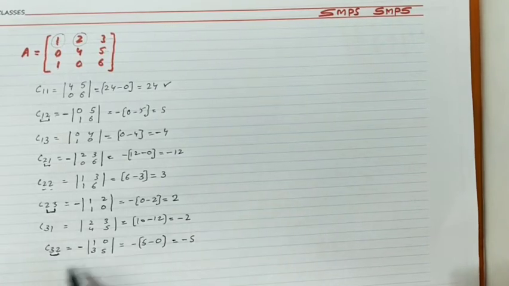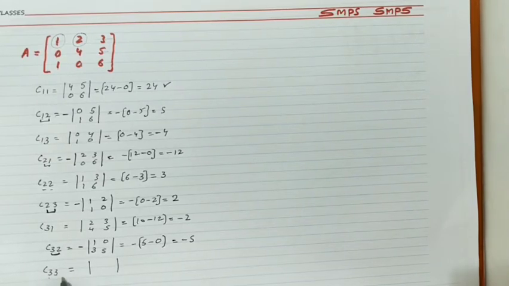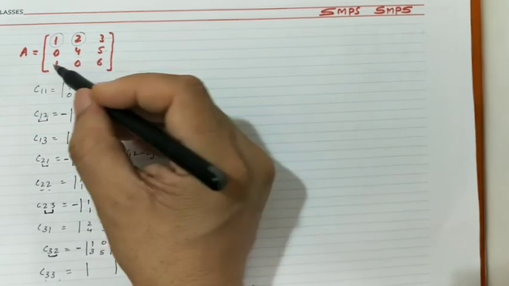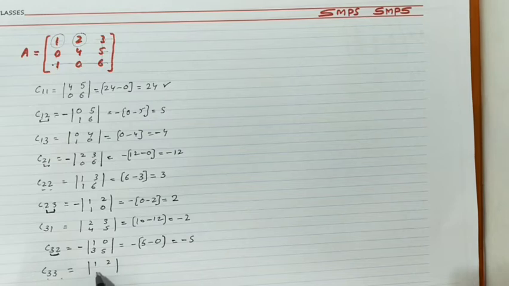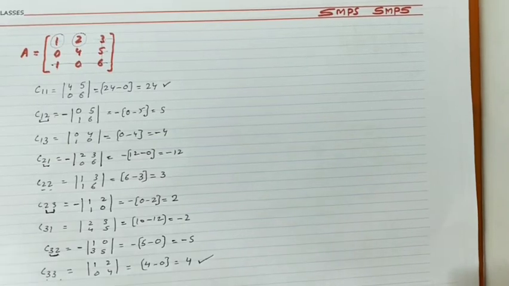Minus 5. C33. C33 means third row, third column. Delete these two. What is left? 1, 2, 0, 4. After simplification, 4 minus 0, 4 you will get.